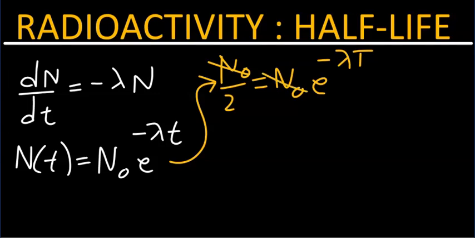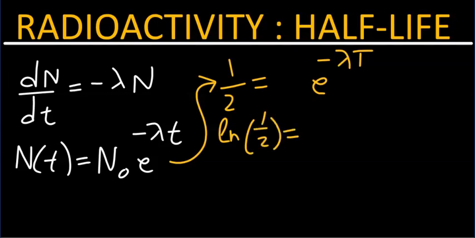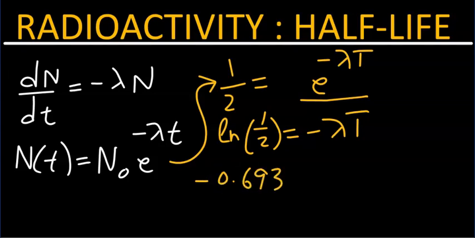N naught goes away. Now let's take the natural log of both sides. So natural log of half equals natural log of that, which is quite simply minus lambda times capital T. Now natural log of half is minus 0.693.